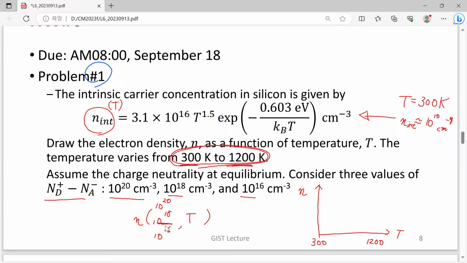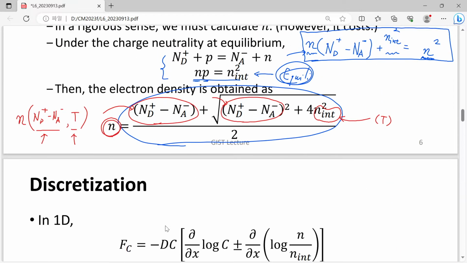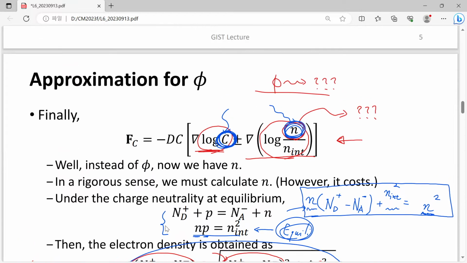So although this is quite simple, it will give you what is important: the temperature range and doping range for your concentration. Since we are talking about a new flux term here, our interest lies on this second term. So we want to find out where electron density varies quite severely.